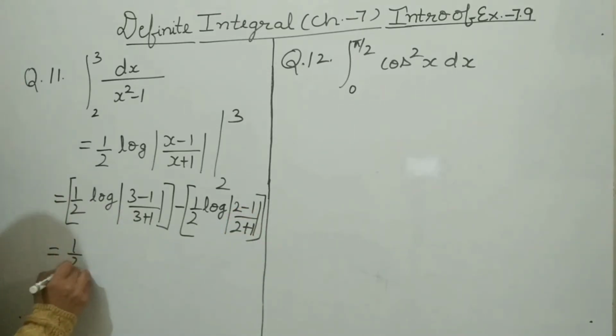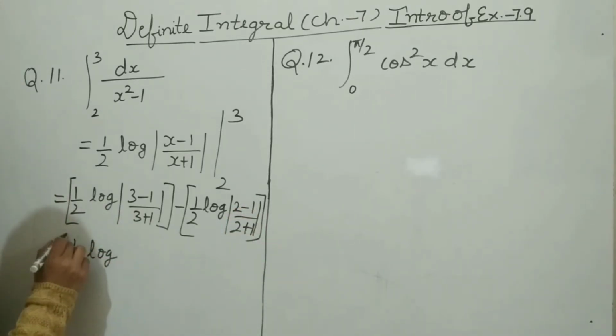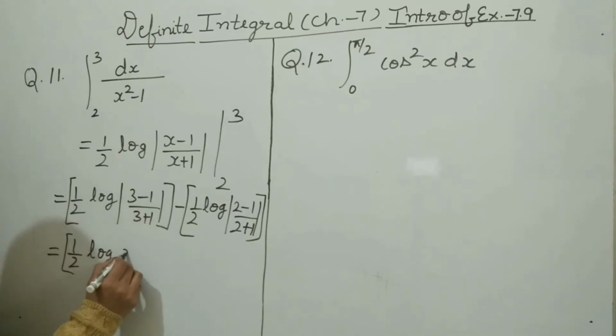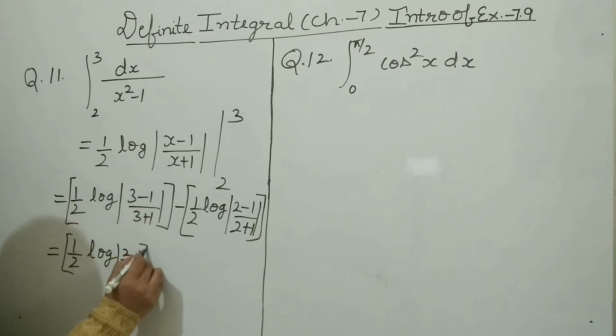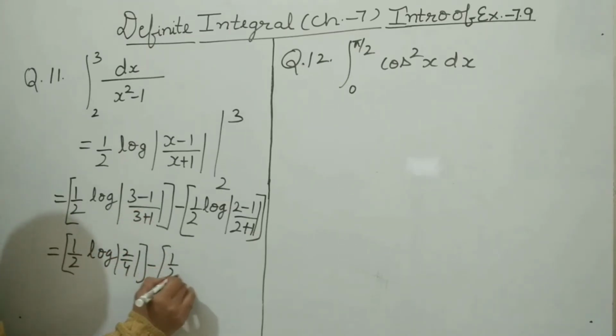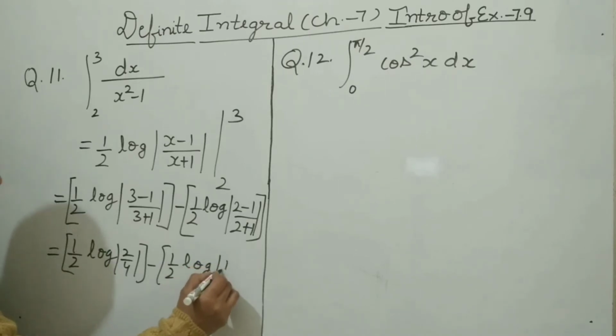On solving it, it comes out to be half log of 2 by 4, negative sign, half log of 1 by 3.